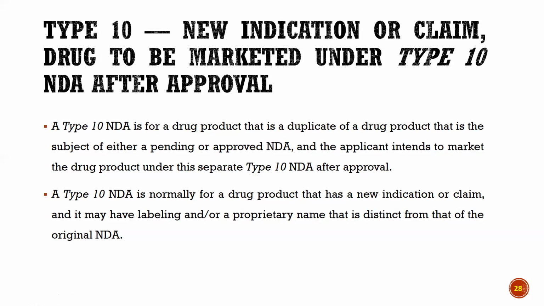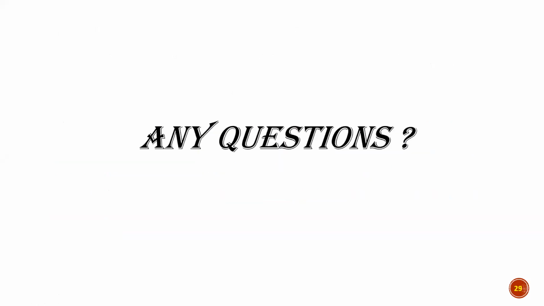So this is about the different chemical classification codes of the NDA. So here we come to the end of the chemical classification codes of NDA. In case of any questions in this particular topic, please let me know.